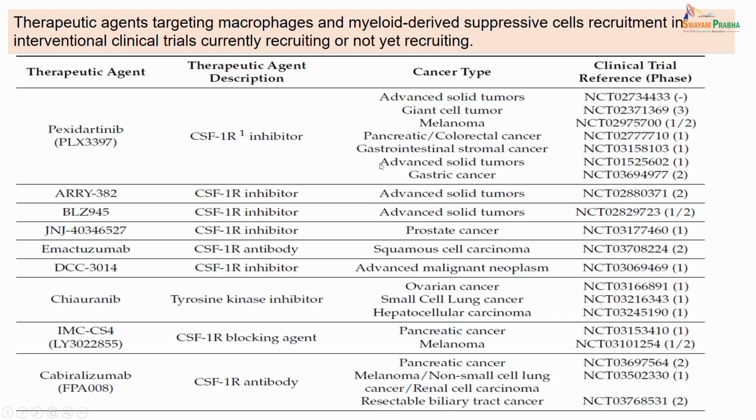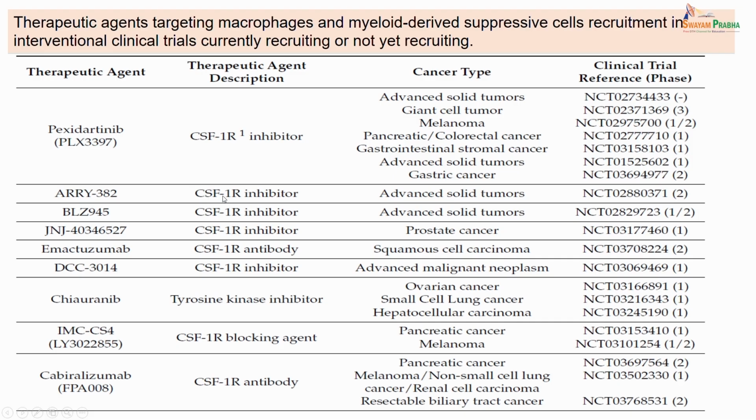This agent has been found to be useful in advanced solid tumors, giant cell tumors, melanoma, pancreatic and colorectal cancer, gastrointestinal stromal tumor, advanced solid cancers, gastric cancers. A lot of trials are going on, in several phases of the clinical trial, exploring this particular therapeutic agent.